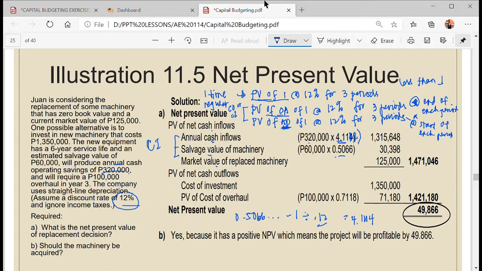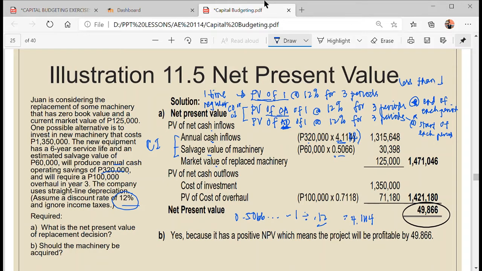Going back, the salvage value will only be received after the life of the asset. That is why the factor we use is for a single amount, since we receive it after 6 years, so we use 6 periods. You have the salvage value of 60,000 times 0.5066, which is 30,398. The trade-in value or market value of the replaced machinery is 125,000.